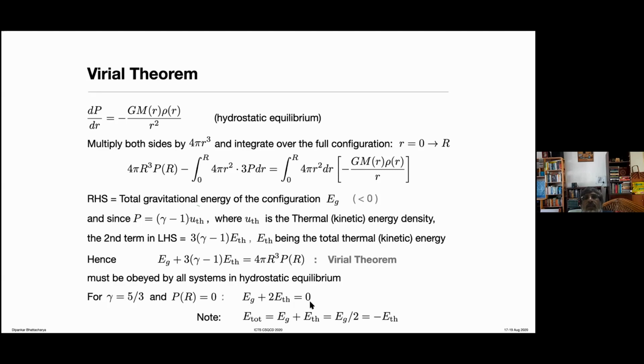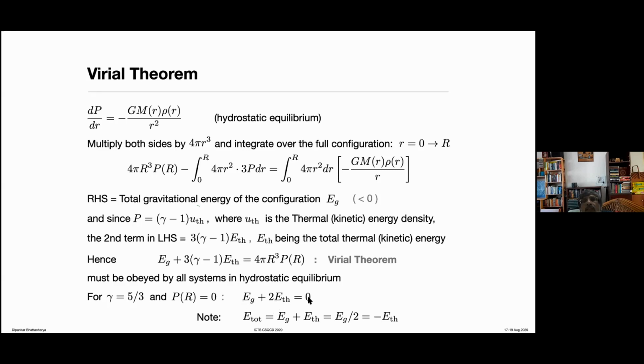So this is the form of Virial theorem which will often get used in understanding the stellar structure and even the evolution of the star. We note that the total energy of the configuration is actually gravitational energy plus thermal energy.